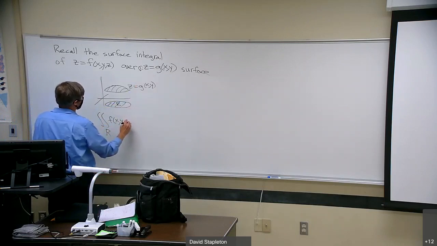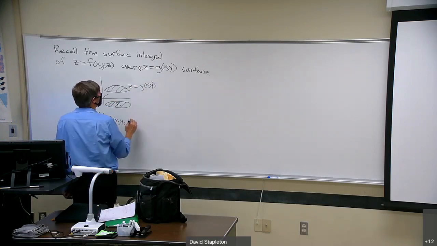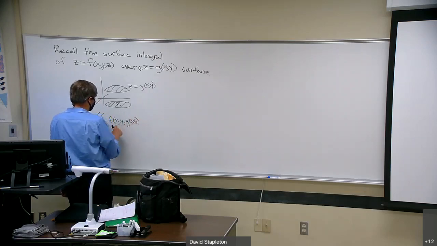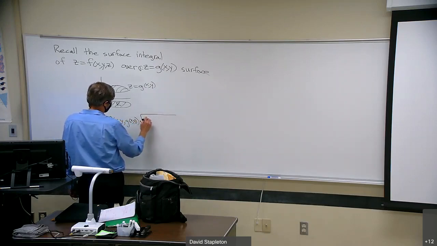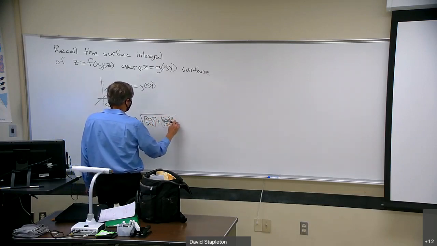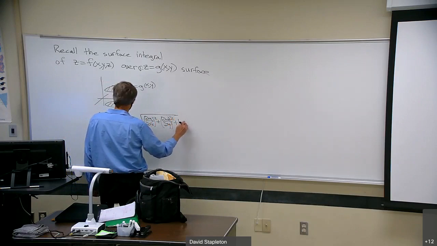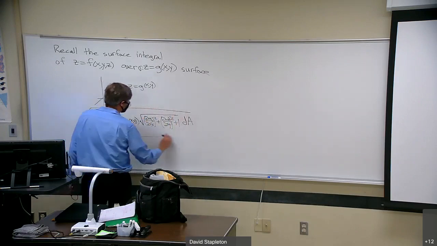So I didn't write it this way, but we could write f of x, y, g of x, y in order to evaluate the function on the surface, times the square root of the g dx squared plus the g dy squared plus 1 dA, evaluated as the surface integral.